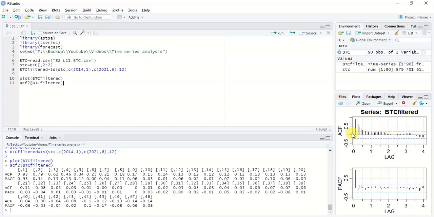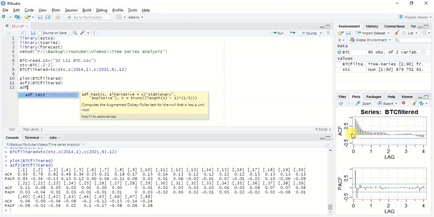Therefore, we have a high number of future values correlated with the present values. Apart from this method, we can also verify these results with the ADF test, which is known as the augmented Dickey-Fuller test. For that, we can call the adf function.